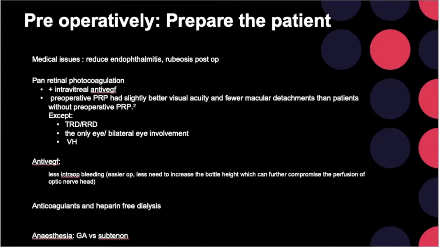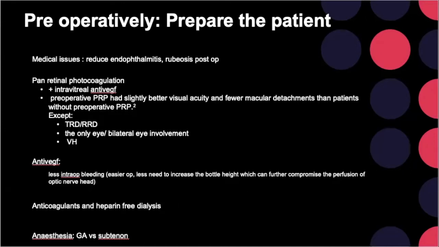Probably in some patients we could not wait to complete the PRP: patients who have a combined TR-DRRD, the only eye patient, and we do not want to wait, those with both eye involvement, and also those who have a vitreous hemorrhage without any prior pan-retinal photocoagulation.